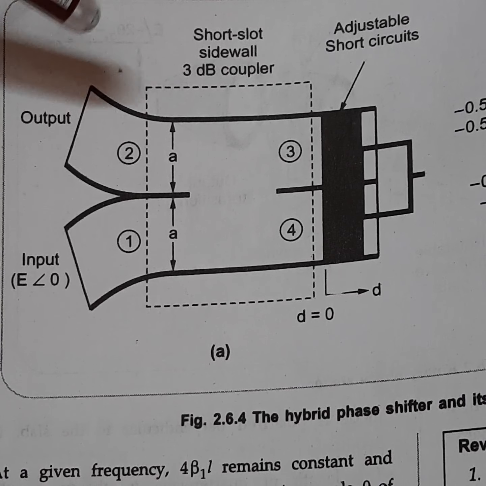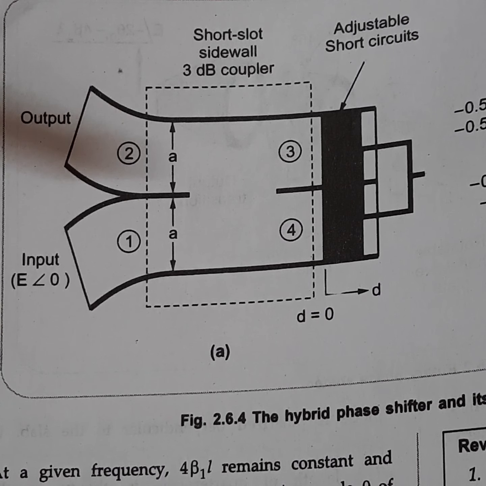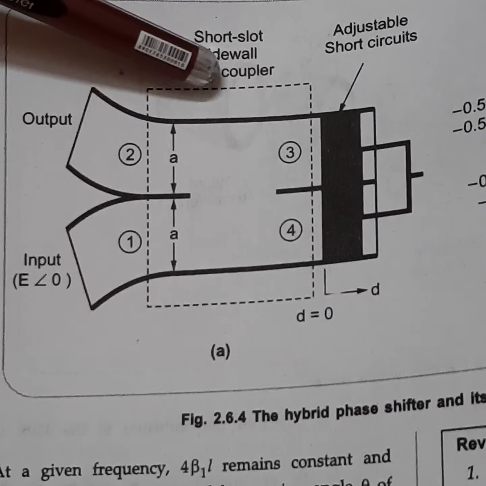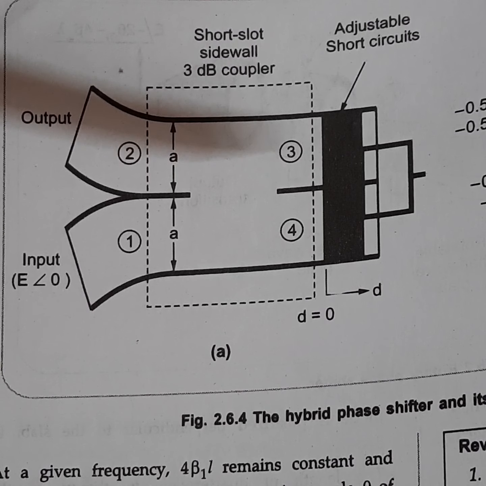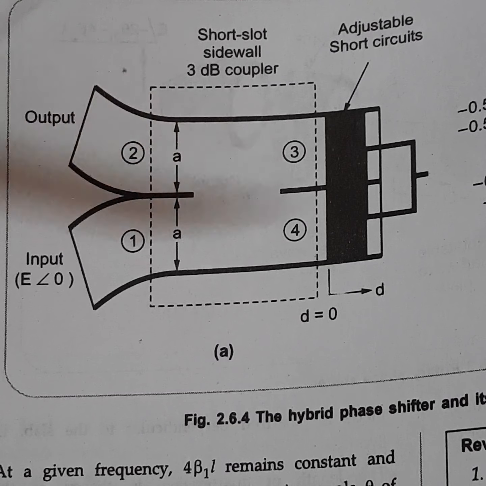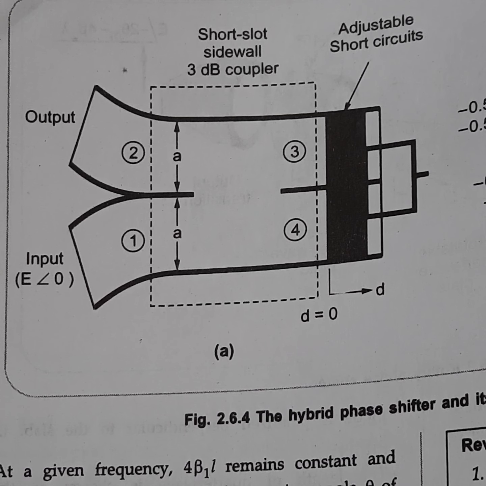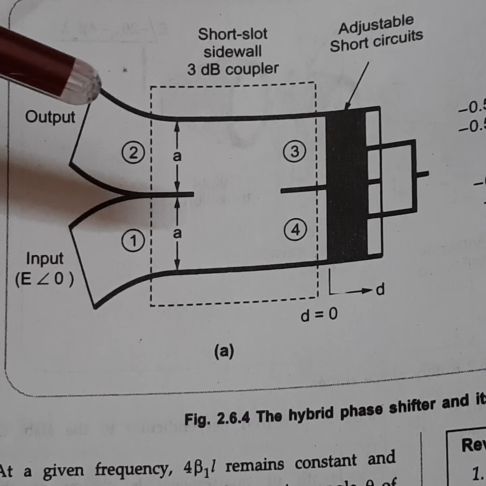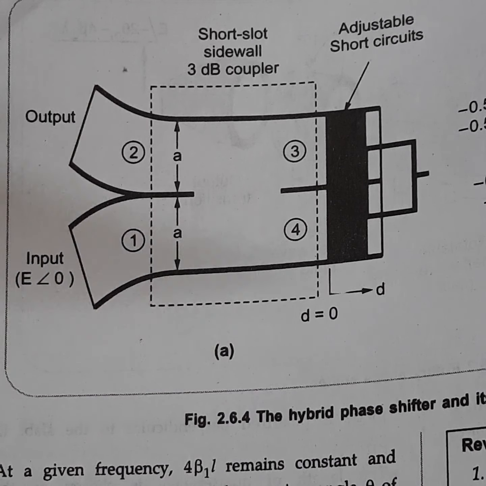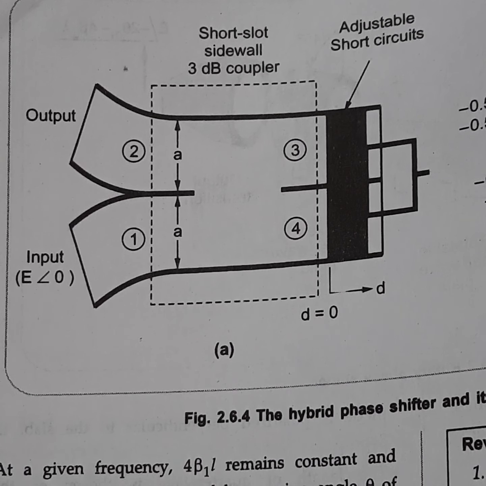It also consists of two rectangular guides with width A with a common narrow wall. A part of the wall is removed to allow energy coupling between the guides.